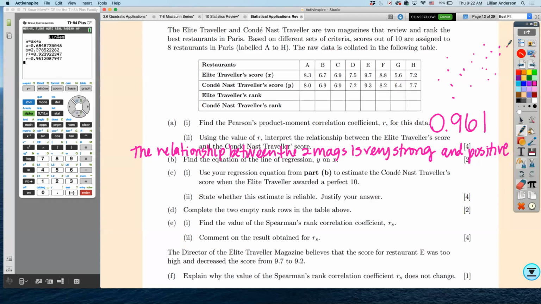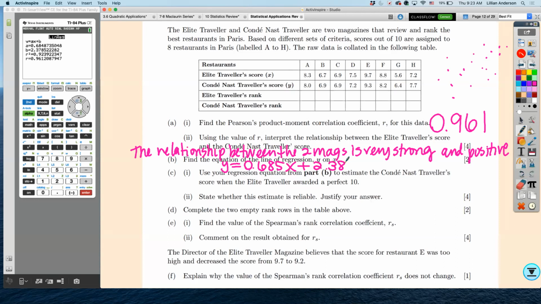My linear regression, y on x, is going to be y equals 0.685x plus 2.38. Very good. I find my linear regression at the same time I find my correlation coefficient. Now it says use my regression equation, whether it's right or wrong, from part B to estimate Nash Traveler's score when Elite Traveler awards a perfect 10.